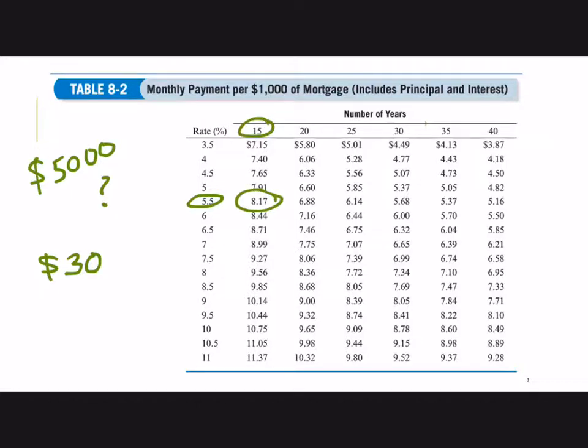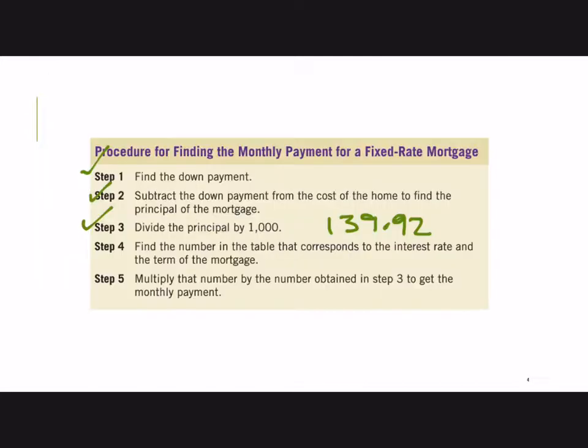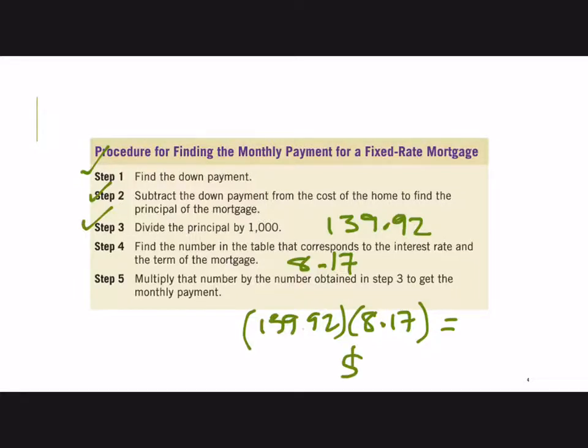The new number is $8.17. When we multiply 139.92 times 8.17, that tells us the monthly payment, which will be $1,143.15.